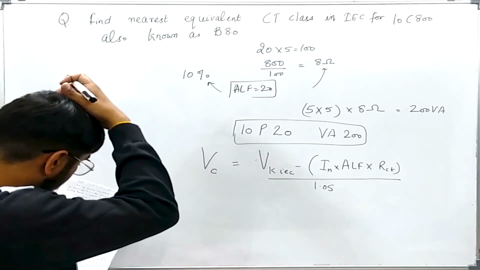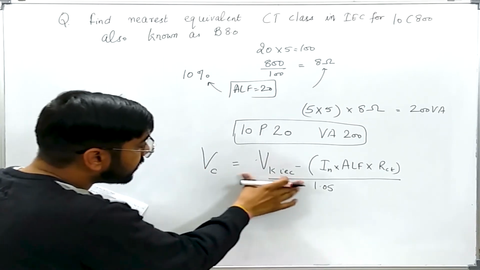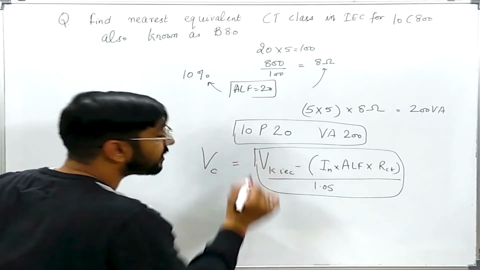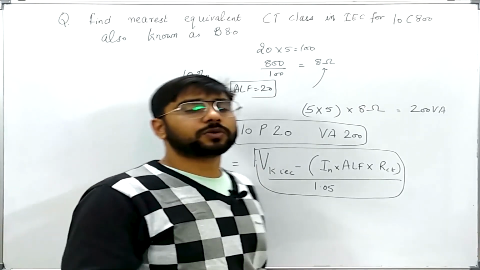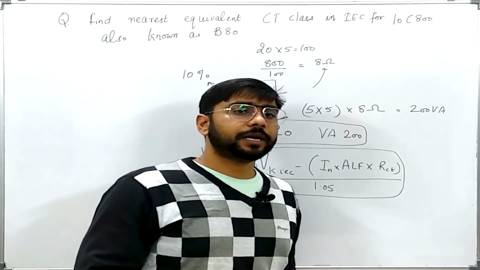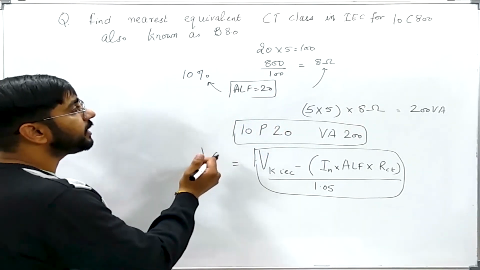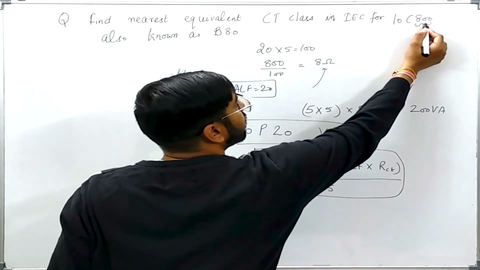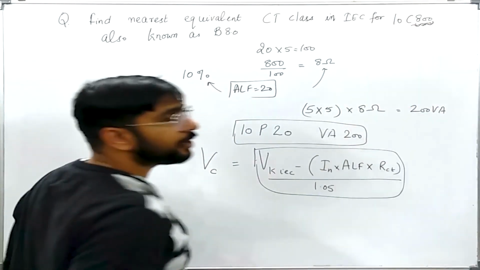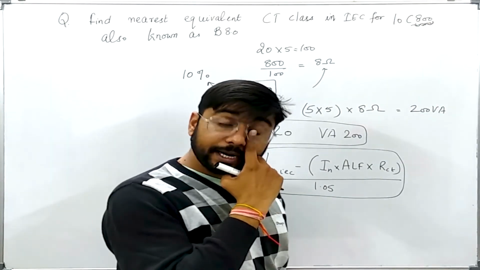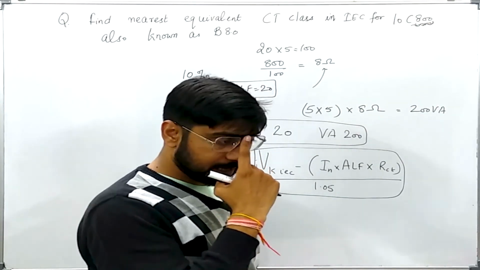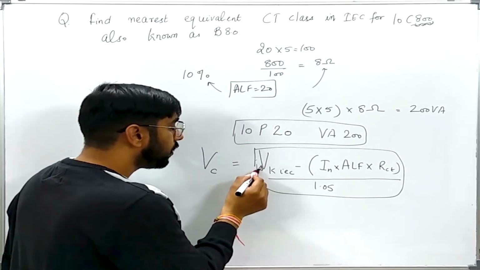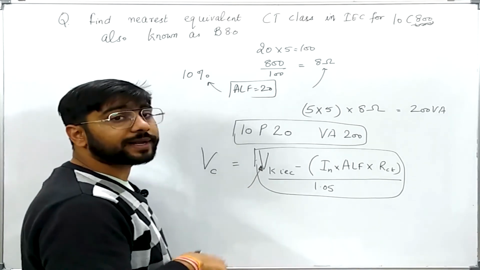Okay. Now from this we can see that there is a little bit of difference in the definition of terminal voltages also in IEC and IEEE. IEEE gives the voltage at the terminals of the CT. That is, it includes the drop in the winding resistance and the leakage reactance. However, IEC gives this value according to the induced voltage in the CT.